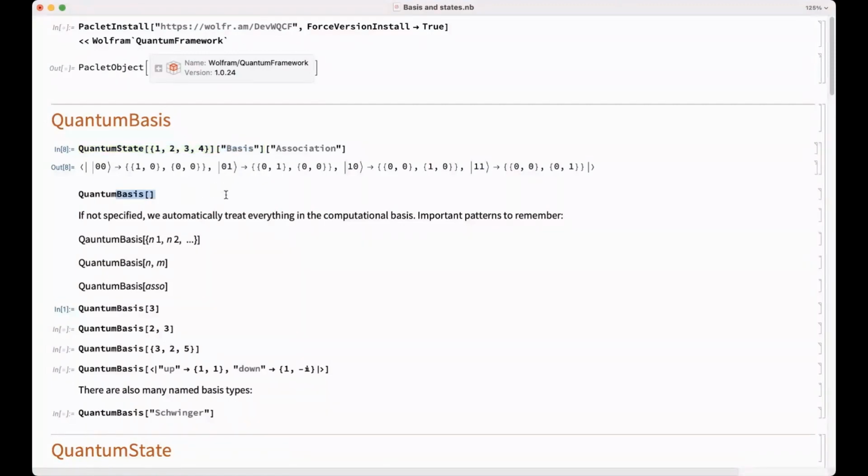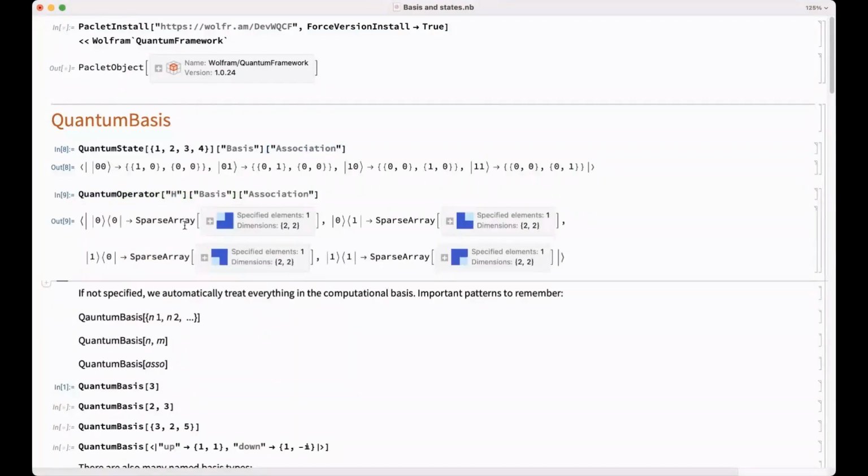But just a preview, if you had an operator like a Hadamard, its basis, if you ask for exactly the same thing as above, its association is going to contain these matrix elements, where each element also has a similar representation, like a tensor product of 0 and 0 here, or a tensor product of 1 here, but nicely packed in this combined representation.